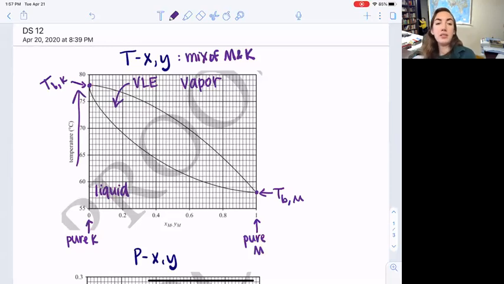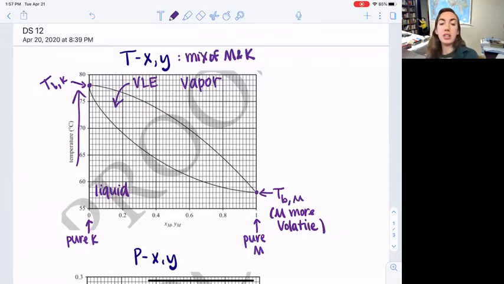So if we ask you which is more volatile, M or K: a more volatile thing will become a vapor more easily. And the boiling point of M is lower than the boiling point of K. So that means M is more volatile, and therefore K is less volatile.